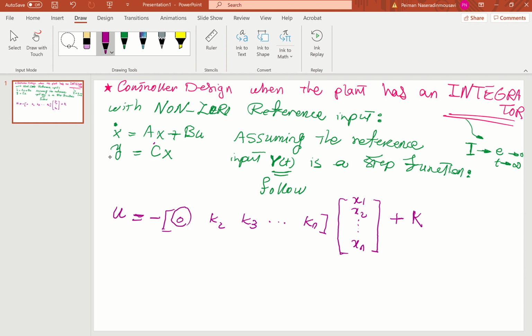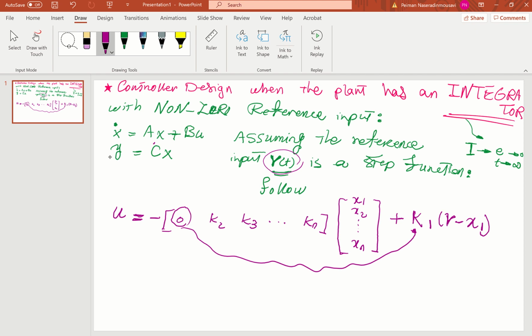You see that I made it 0, I just moved it here. K1 is here, so K1 times (R minus x1). So this is how we define the state feedback control law when your system has an integrator and you are following a step function. Understand?